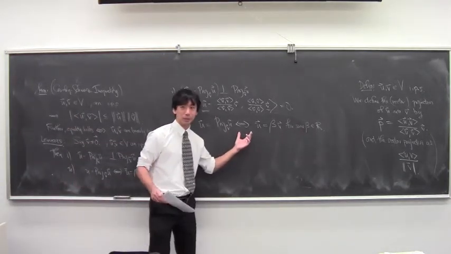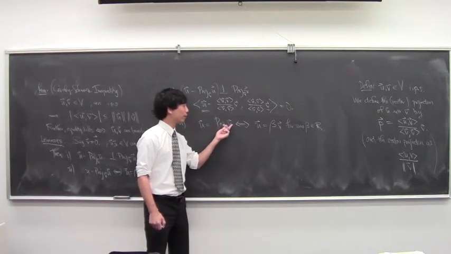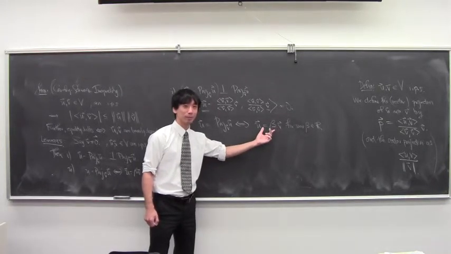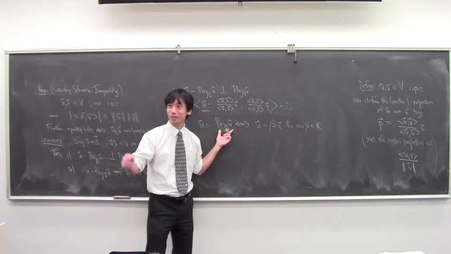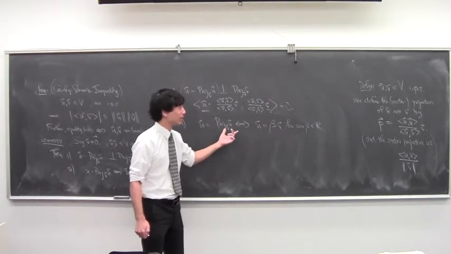Okay, so why is this true? Well, if U is the projection of U on V, then why is U some multiple of V? Because they're in the same direction. This is basically by definition.